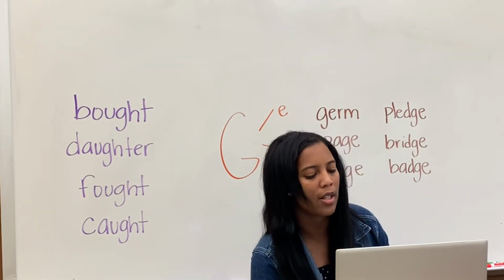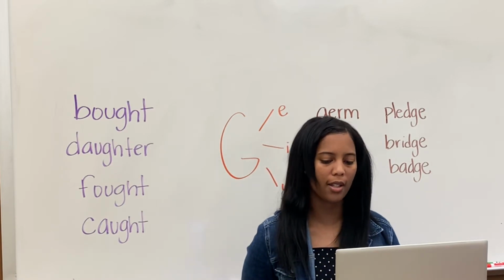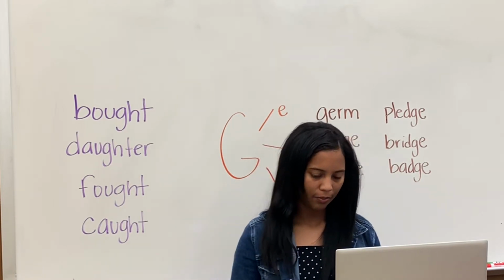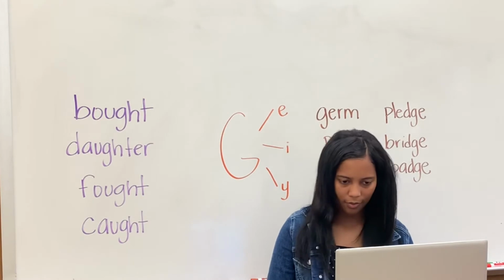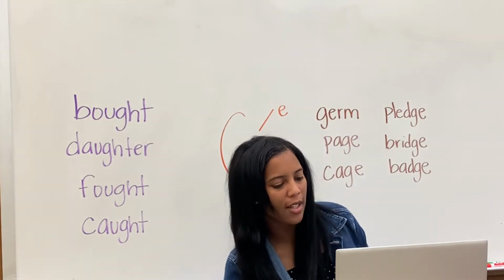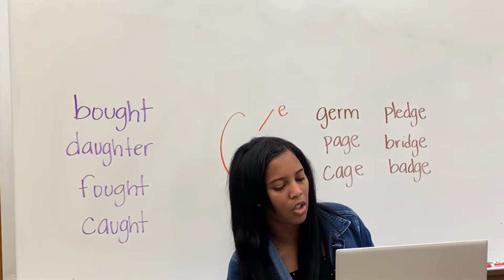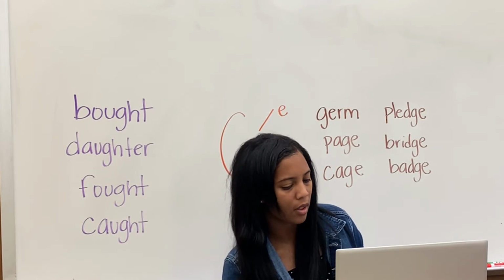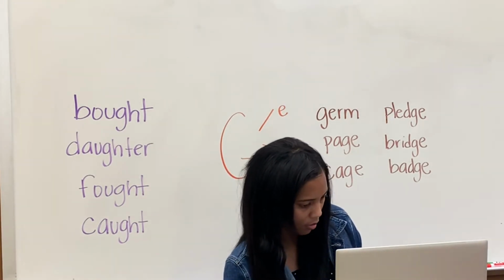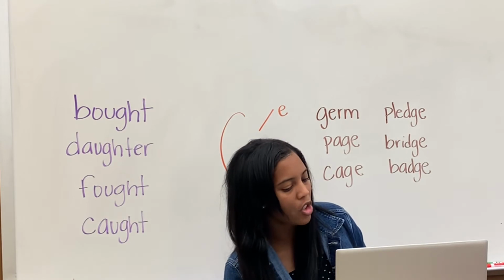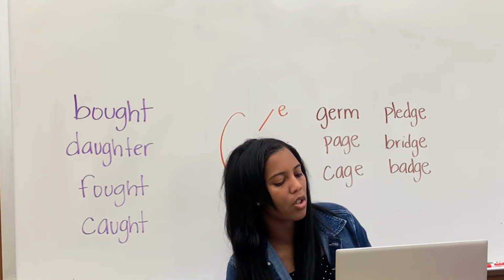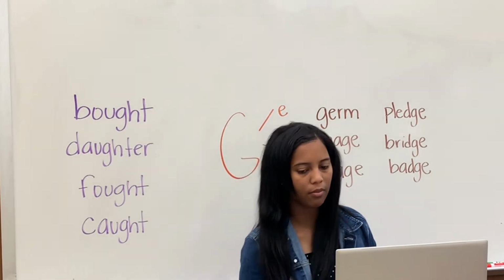AUGHT says ought in caught. Almost done. G says j in giant. And DGE says j in fudge.